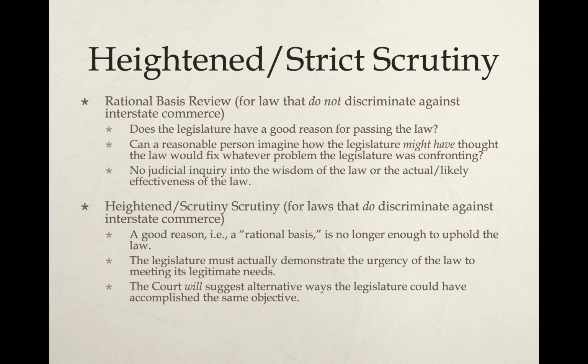And if the court can find such an alternative way, the court will usually strike down the state statute because the court will say there's a less restrictive means through which the state could have accomplished its same goal. That is, less restrictive on interstate commerce means for accomplishing the goal.